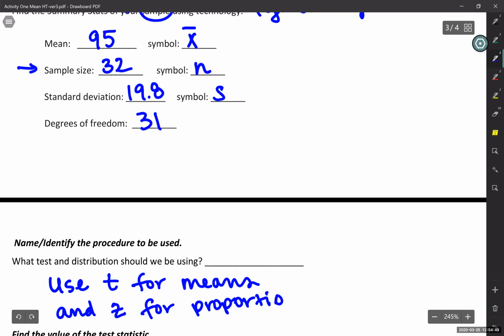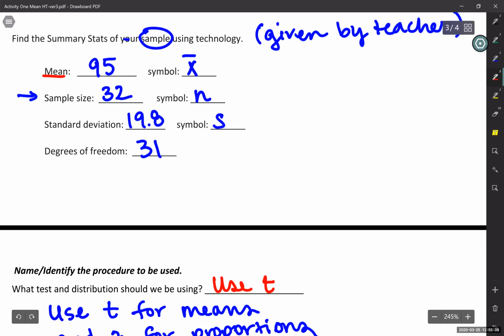That is not different than when you were finding the margin of error in confidence intervals. You would use the T for your critical value for means and the Z for your critical value for proportion. So it's that same association. For this particular problem, we are going to use T because we are doing a problem with means.